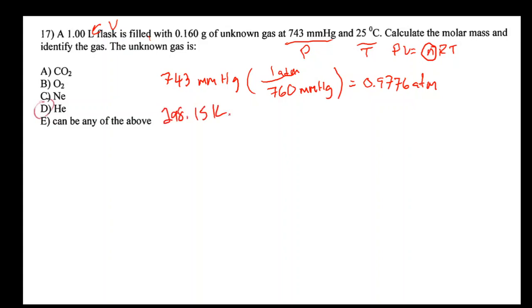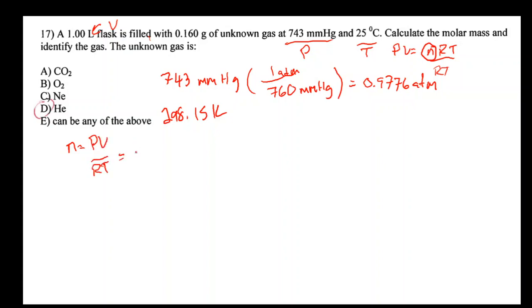And then 25 Celsius to convert that to Kelvin, that's just 298.15 Kelvin. Okay, so now we want to solve for n in our equation, so we'll divide both sides by RT. So then we will get n is equal to PV over RT.